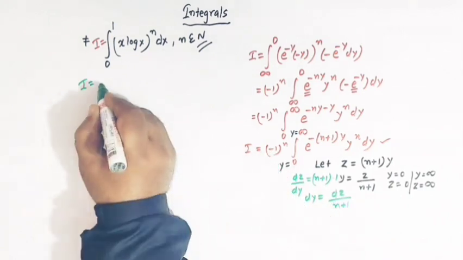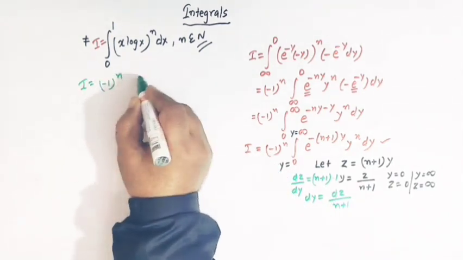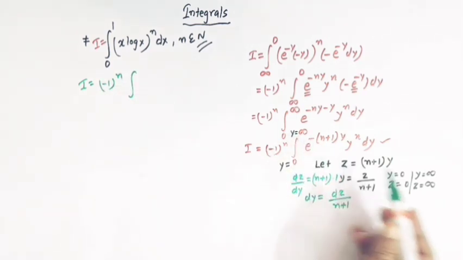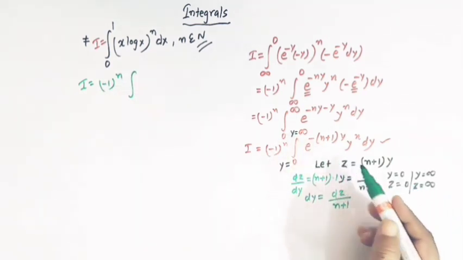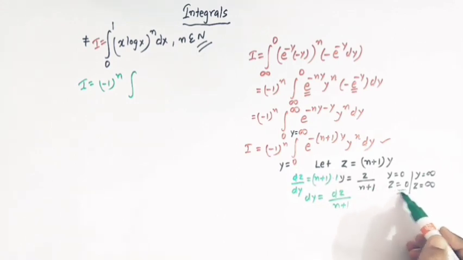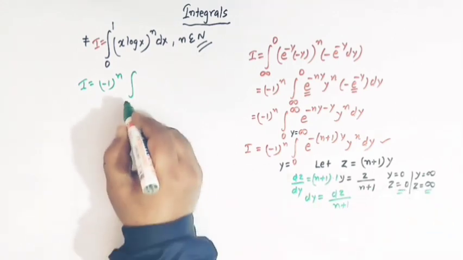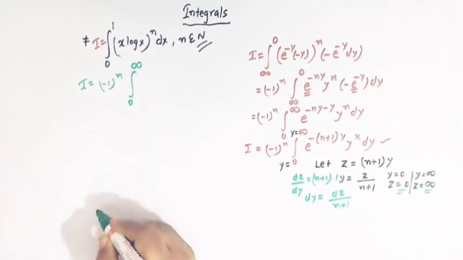So here we have minus 1 raised to n, then we have 0 to infinity, and when we take the variable z, the limits remain the same. So we have 0 to infinity, right?